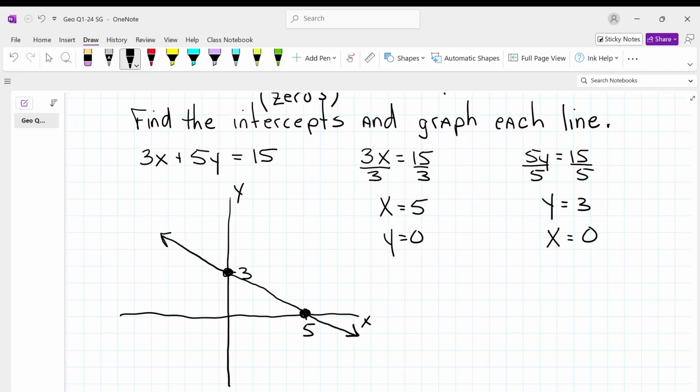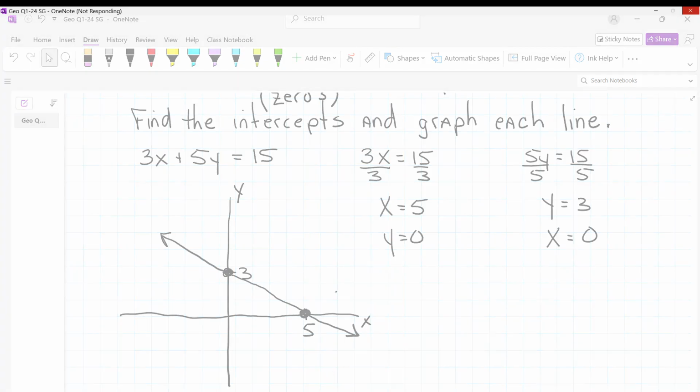All right, let's do one more of these. We're going to find the intercepts and graph. And now our equation is going to be 2x minus 4y is equal to 8.